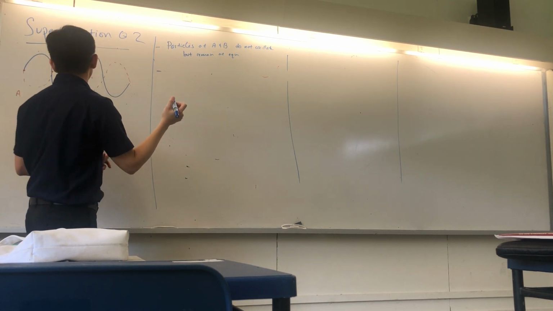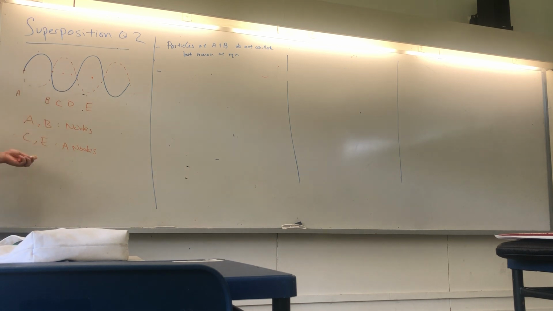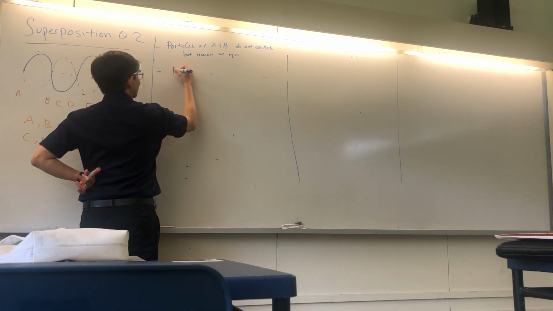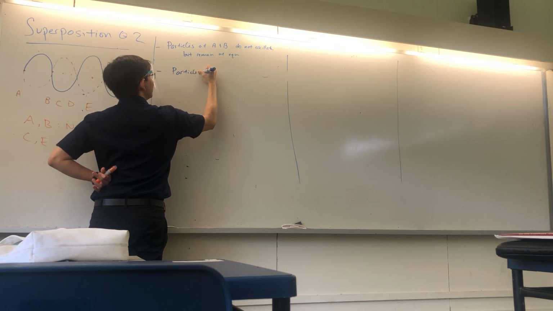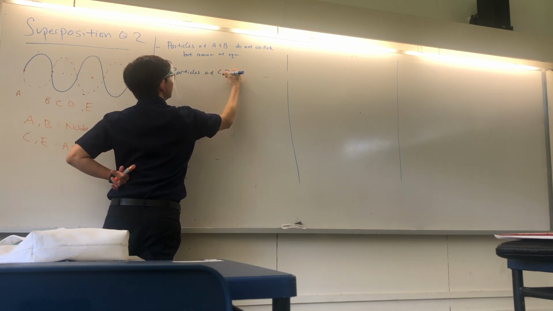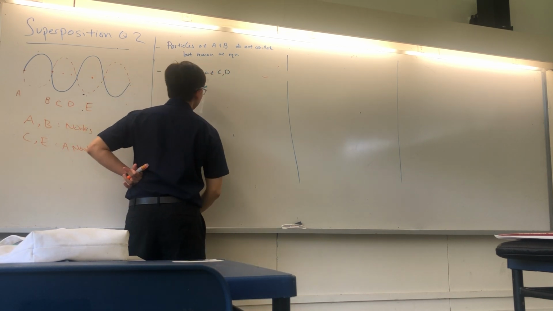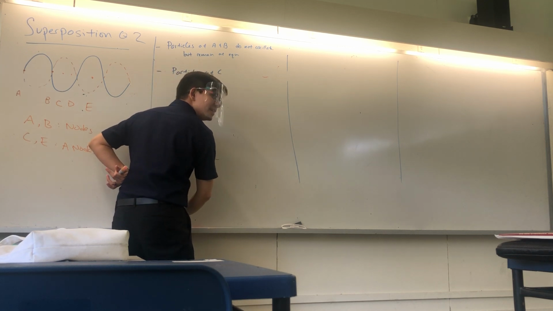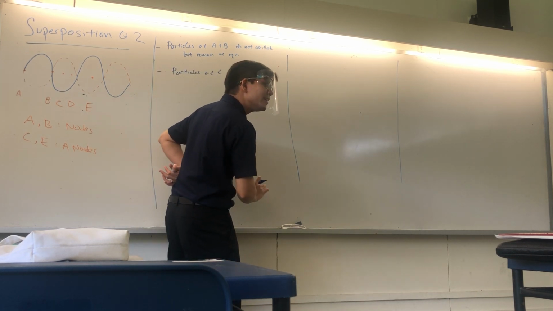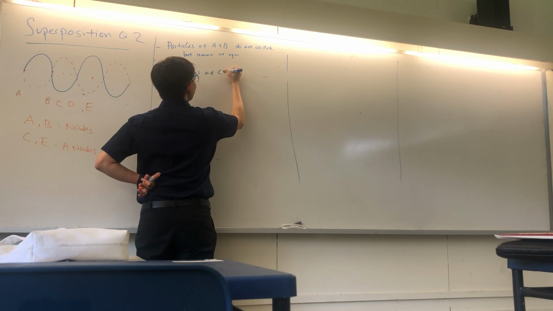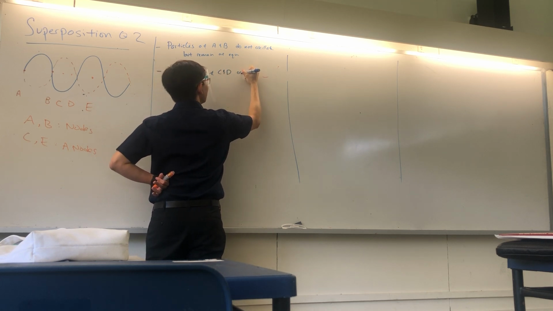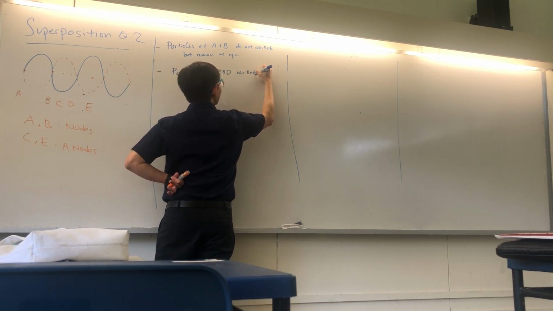Okay, how about particles at the antinodes? How will you describe them, given how we describe A and B? Particles at C and E oscillate with maximum amplitude. Not maximum displacement, wrong.